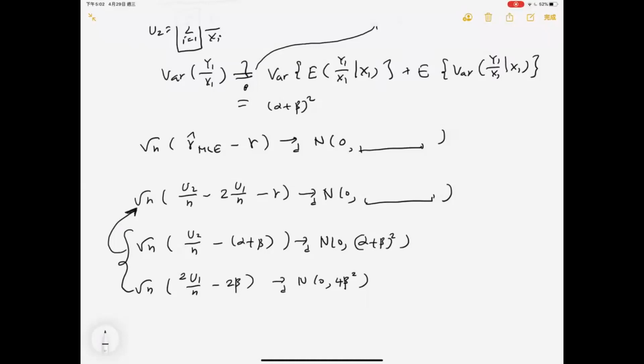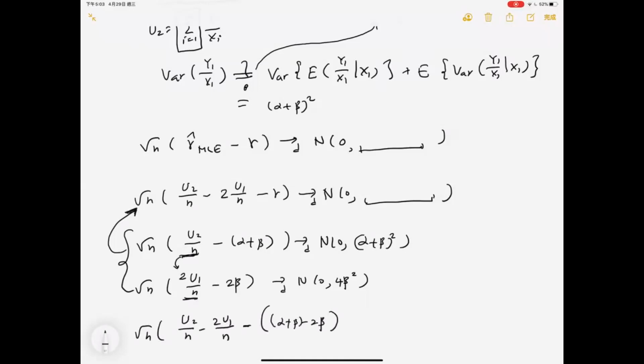Okay, then you do subtraction. You do this guy, subtract this guy. That means everything is exactly the same as the mathematical operation, right? Random quantity minus this random quantity, nothing but really alpha plus beta minus 2 beta right here.